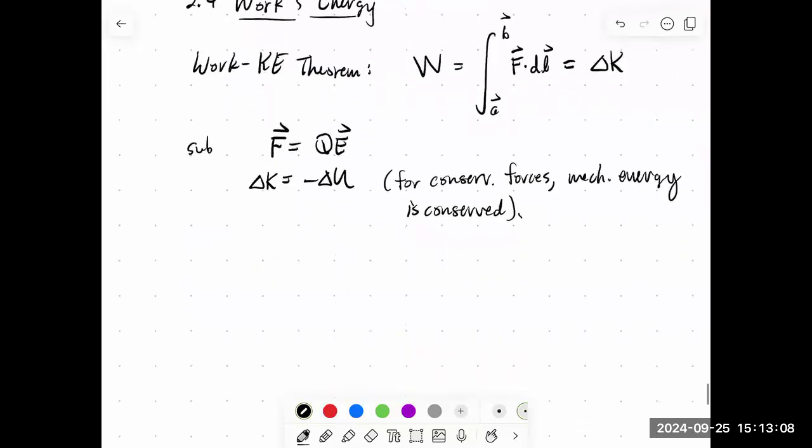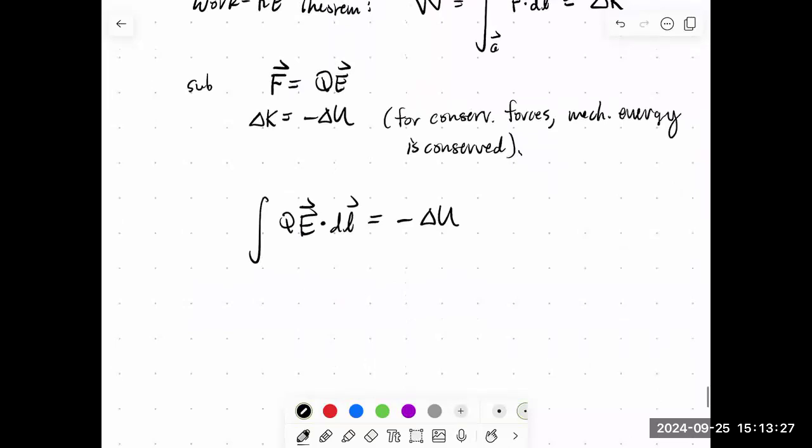Okay, so let's make those changes then. What we would have is that the integral of F dot dl becomes the integral of QE dot dl, which is equal to minus the change in potential energy. Let's divide by minus Q. That's one way to do it.